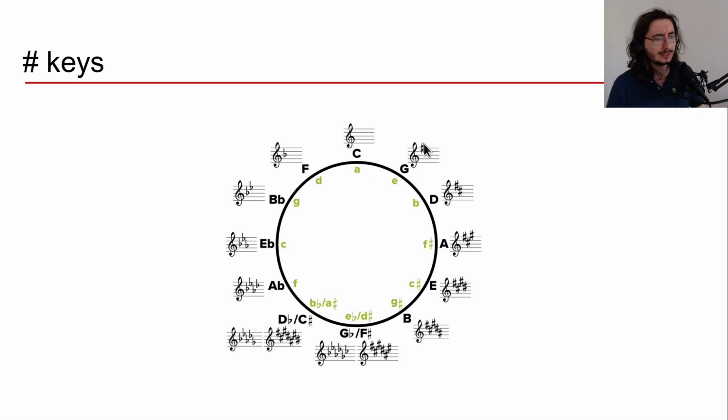Just ignore all of these sharps and flats, all of these accidentals now. It's too much music theory. I don't want to overwhelm you guys now, and you don't need that. Now the question is, why do you need to know about keys?